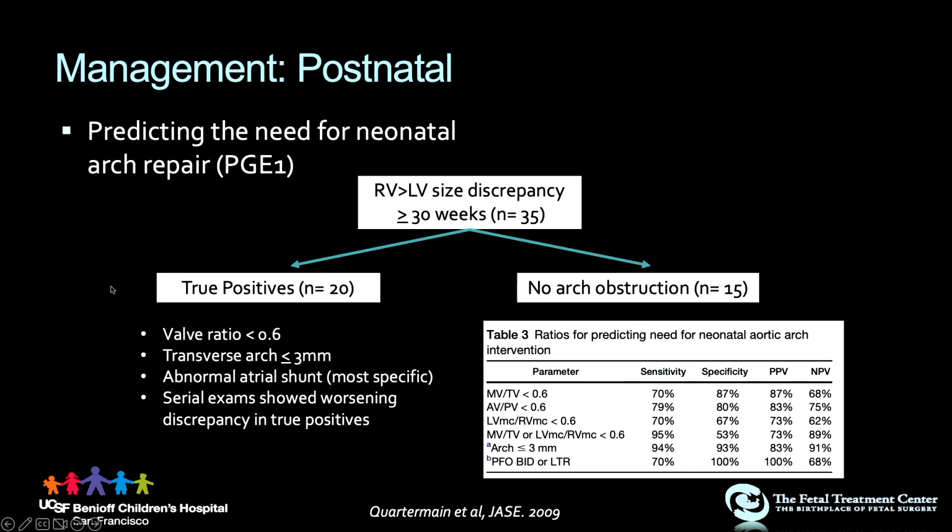And as she mentioned yesterday, there are various measurements you can look at: the ratio of the aortic to pulmonary valves, the measurement of the transverse arch itself, if it's less than or equal to 3 millimeters, that was more suggestive of a true positive coarctation, and an abnormal atrial shunt, which was the most specific, if there was bidirectional shunting at the atrial septum or left to right. And serial exams, if you see these patients over the course of pregnancy, showed worsening discrepancy in the true positives, meaning these values became more obvious as the pregnancy continued.